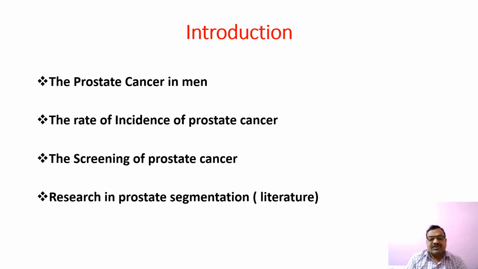The rate of incidence of the cancer varies among the continents and the general population. As per the epidemiology study of 2018, they reported nearly 1.27 million new cases of prostate cancer globally.